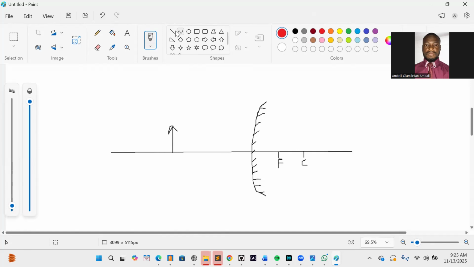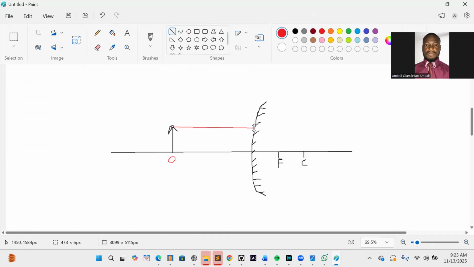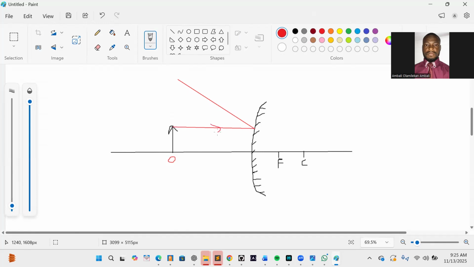So we take rays from the objects. The ray heading to the pole will be reflected as if it's coming through the focal point. When you extrapolate it, it has to go to the focal point. So you have to eyeball it and put your arrows.